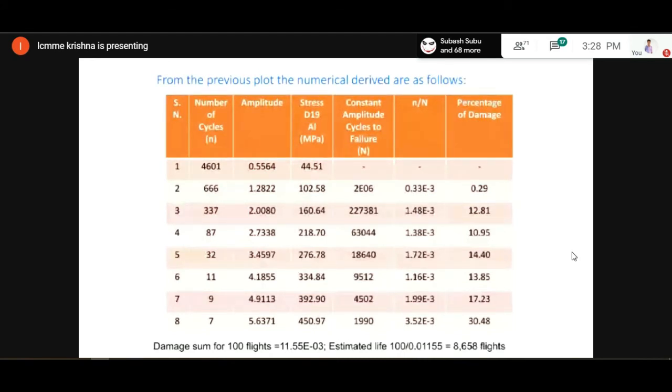Suppose we assume there are 100 flights, then we get the total summation of small n by capital N as 11.55 e raised to minus 3. We can compute the estimated life based on the 100 flights. So we come around 9,000 flights is the life for this component. So this is how we do a hand calculation of fatigue.